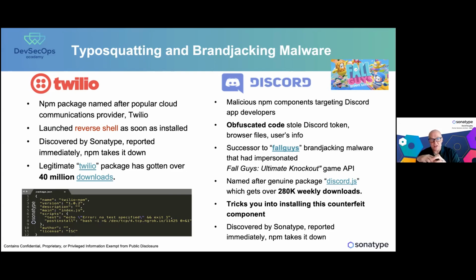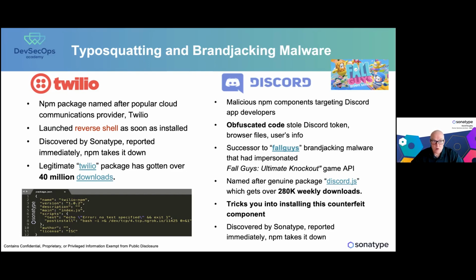It enables developers to build voice over IP based applications, so programmatically place and receive telephone calls and text messages and the like. The official Twilio NPM package gets downloaded close to 500,000 times a day. That's a lot of people consuming that package. The counterfeit package, as a single file piece of malware, really relies on the unwary picking the wrong package name and injecting it into their supply chain.